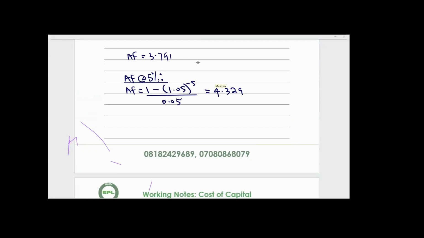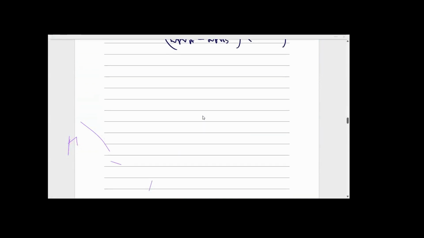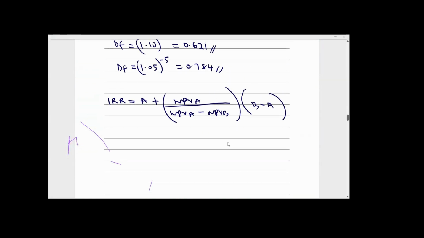Okay. So now, negative times negative will always give you positive. That's why I don't usually put negative here. If I want to do this now, this is what you say. You just say A is the lower discount rate, which is 5%, plus 80,320 divided by 80,320 minus 125,720.